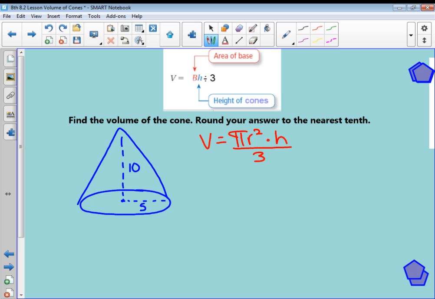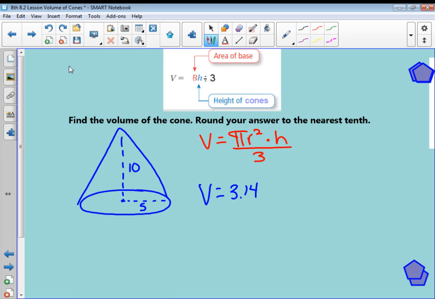Okay, so we're going to substitute in. Volume equals pi is 3.14. And yes, you could use the pi symbol if you wanted to. It's just that when you divide by 3, it's kind of tricky. So that's why I'm just going ahead and putting in the 3.14 instead of the pi symbol.